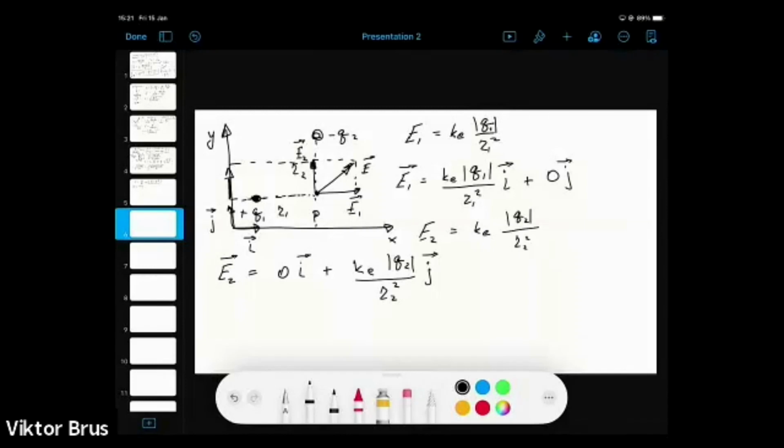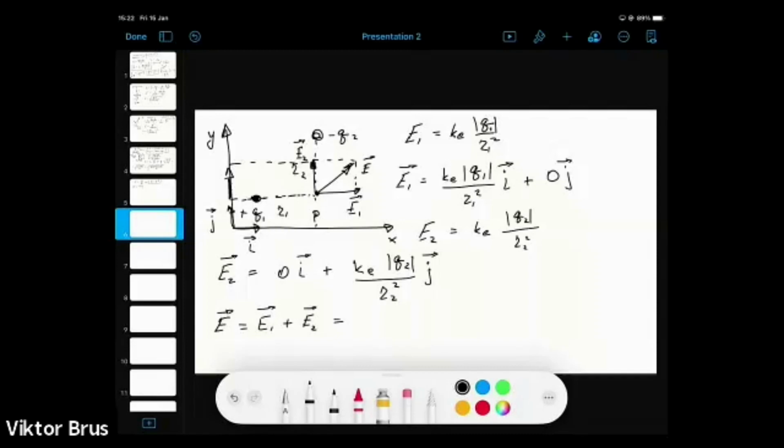So in this case, we have just simple adding of two vectors. So E vector is equal to E1 vector plus E2 vector.